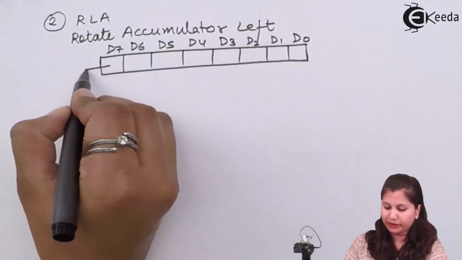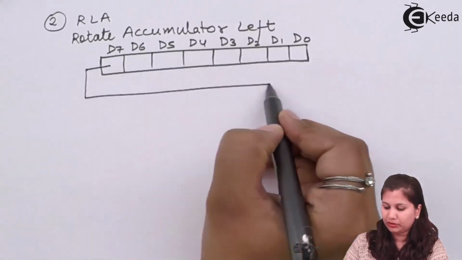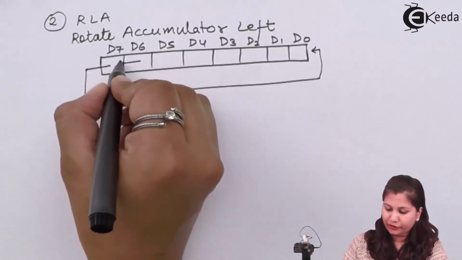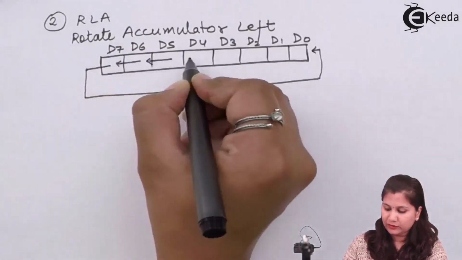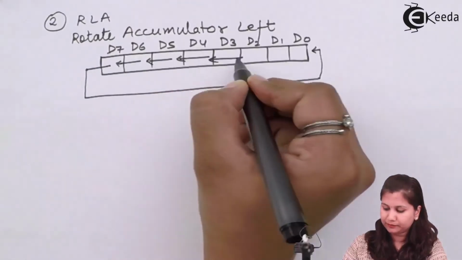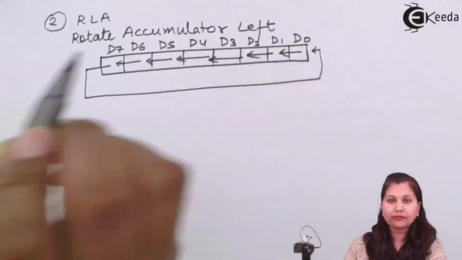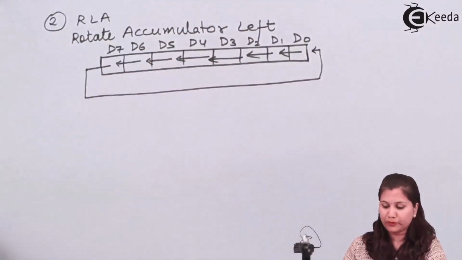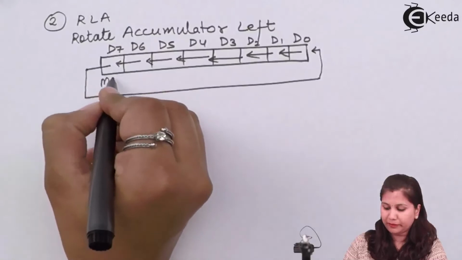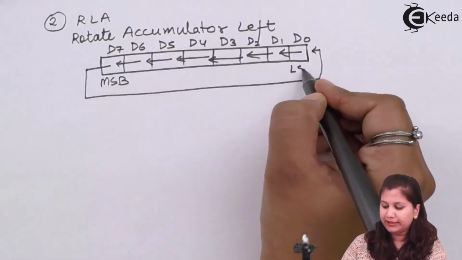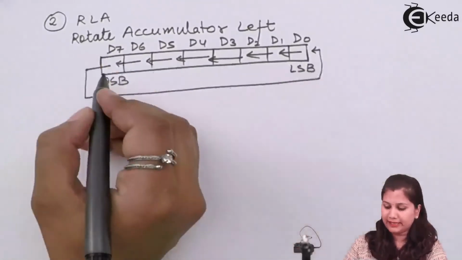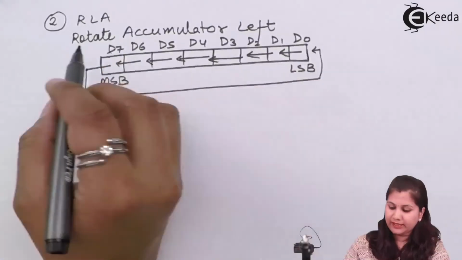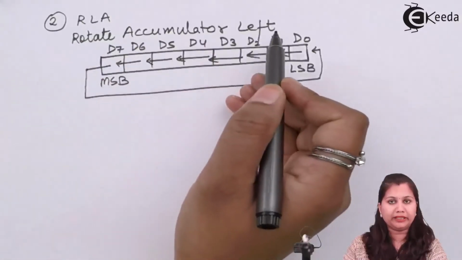So the D7 bit will now become the D0 bit. D6 is shifted to D7. In this way, shifting is done. Every bit is shifted to the left by 1 bit position, and the most significant bit now becomes the least significant bit. That is, D7 now becomes D0. So this is the instruction, rotate accumulator left.